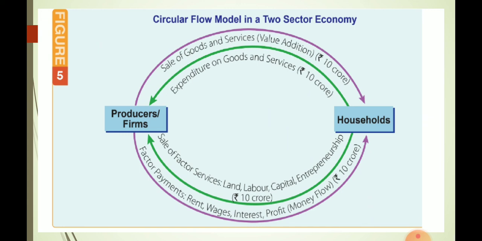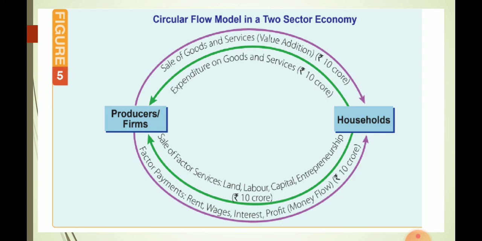In return, factor payment is made by the producer sector in the form of rent, wages, interest, profit worth 10 crore. Now, this 10 crore rupees is expended on the purchase of goods and services by the household sector. In this way, this 10 crore rupees again returns back to the producer sector.